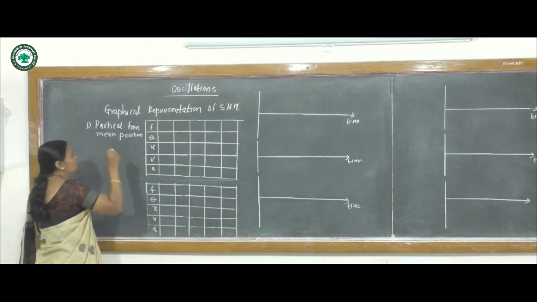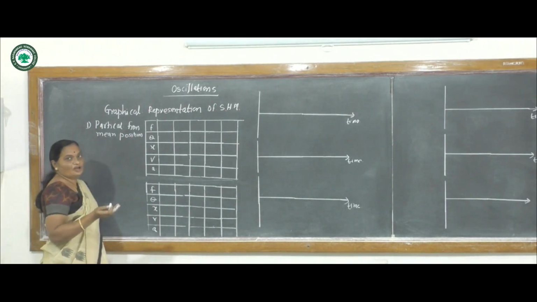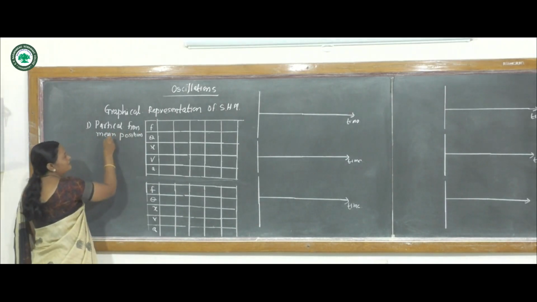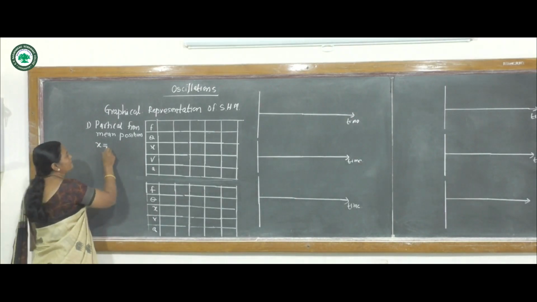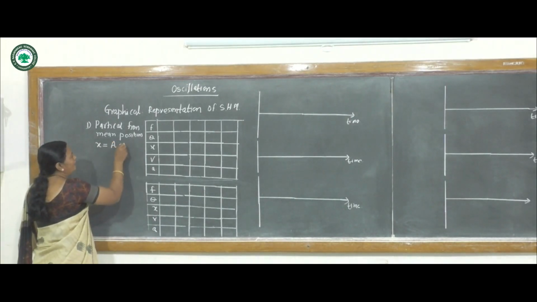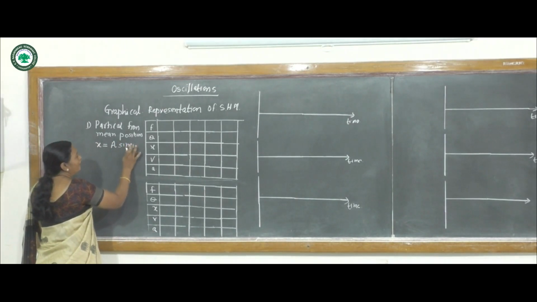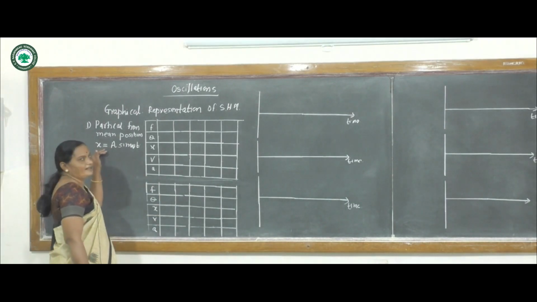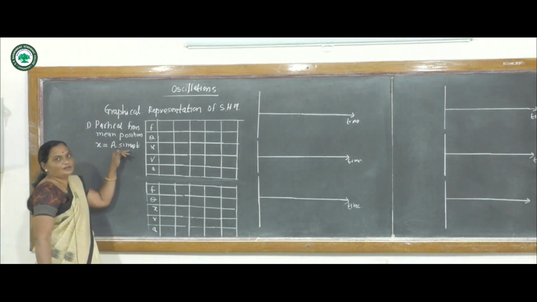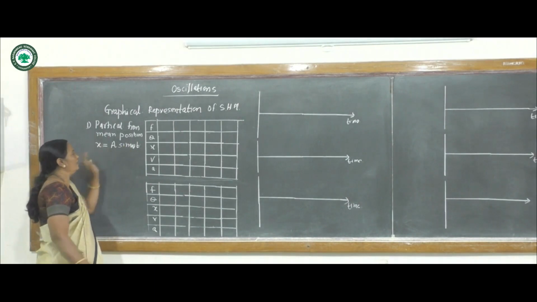Then we have the value of displacement when the particle starts from mean position: x is equal to a sine omega t, since phi is 0 at mean position.